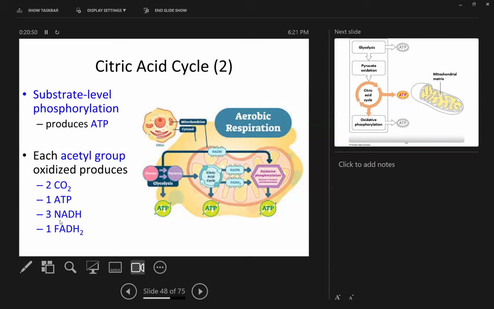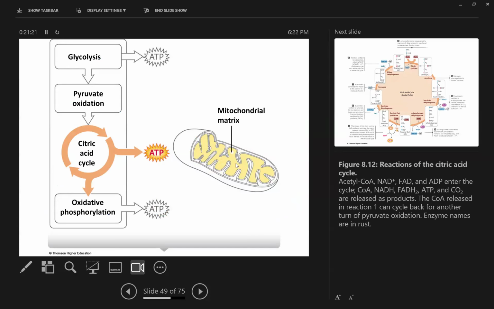Per pyruvate, we're going to reduce and make 3 NADHs, and we're going to make 1 FADH2. Okay, this is all happening in the matrix, the innermost part of the mitochondria.